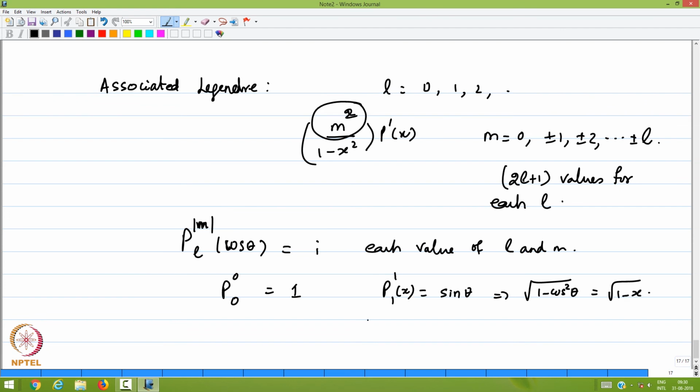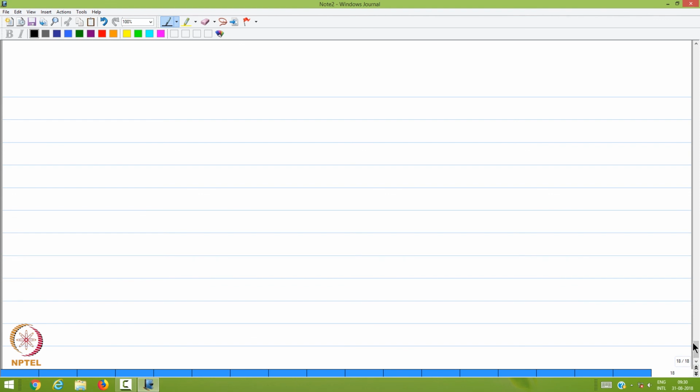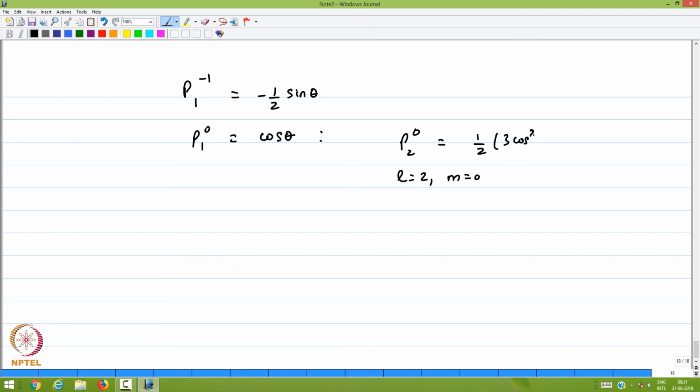And likewise you can determine through the same way that P 1 minus 1 will turn out to be minus half sin theta. P 1 0 will turn out to be cos theta, and one last expression P 2 0, L is 2, m is 0. This is 1 by 2 times 3 cos square theta minus 1.